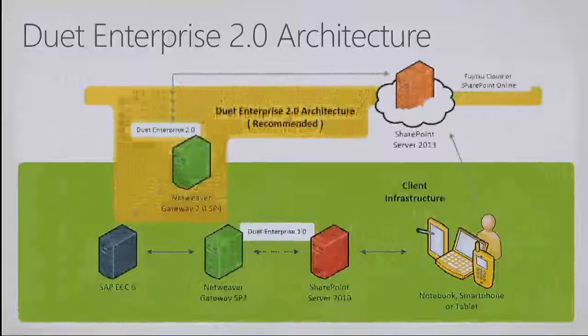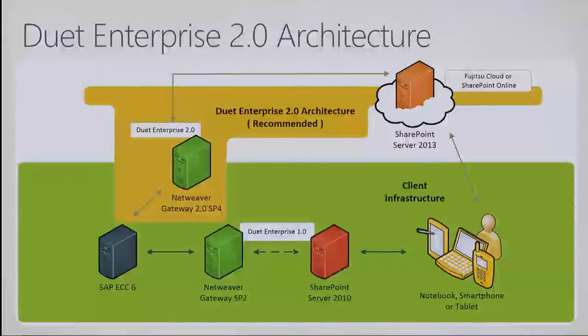Now, if you want to go to 2.0, you can also do it in the cloud, which means that you just drop another NetWeaver machine on there with 2.0 SP4, and you can go to the cloud utilizing whatever service you want to. See a lot of people taking pictures. If you don't want to take pictures, you want to stop by the booth, I will definitely help you out with whatever visuals you need, okay?